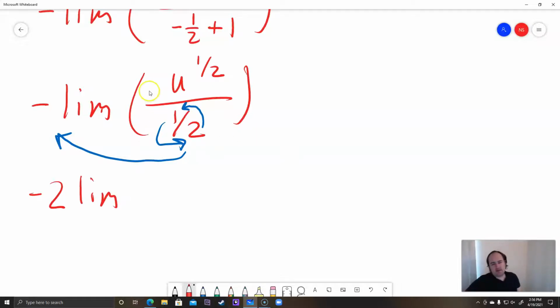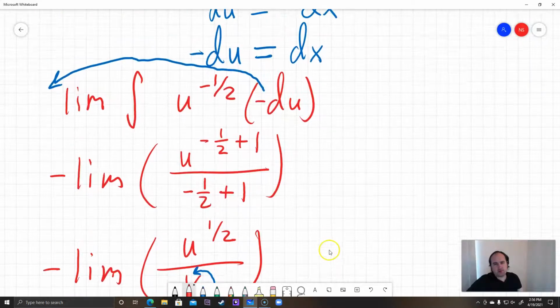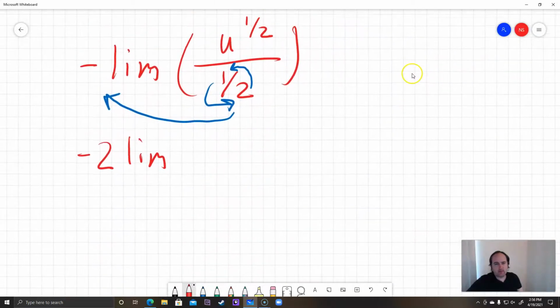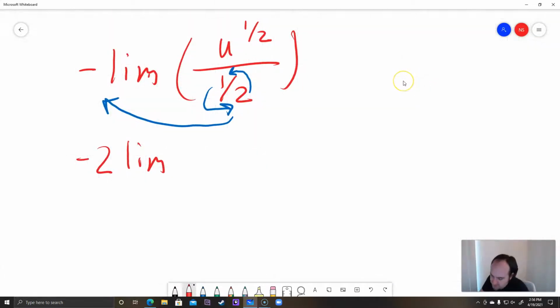And now that we've got it in the form u to the 1/2, we're going to go ahead and plug back in the original expression for u in terms of x. Okay, so we're going to plug in 324 minus x for u. So we have negative 2 times the limit of 324 minus x, quantity to the 1/2.